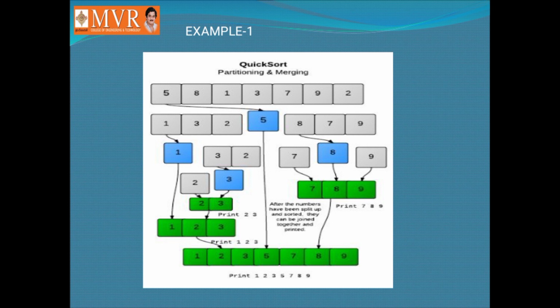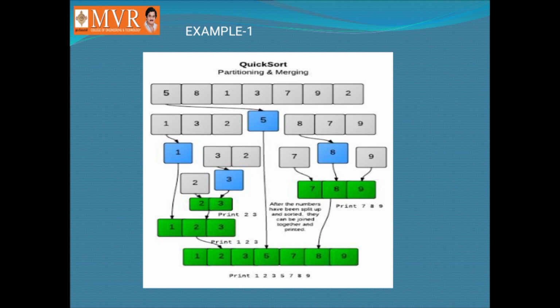And now perform the swapping, that is, comparing and swapping of elements based on this pivot element, and arrange the elements in such a way that the elements before the pivot element are smaller than it and after it are bigger than it.